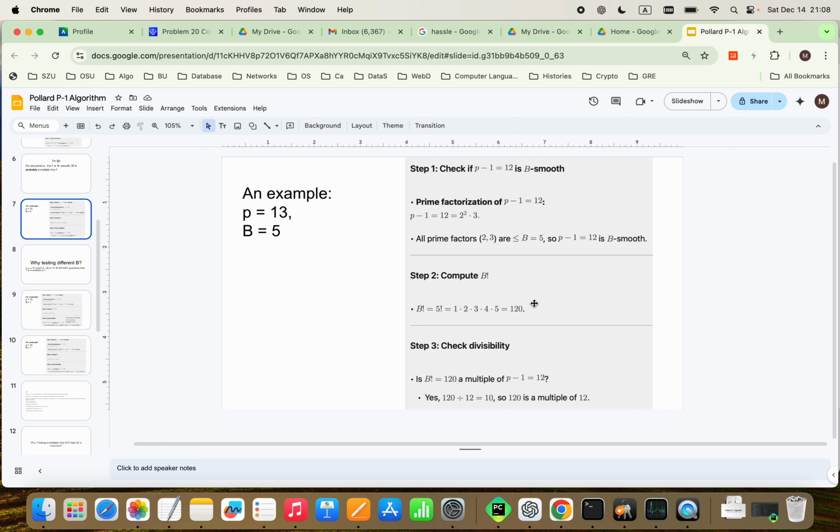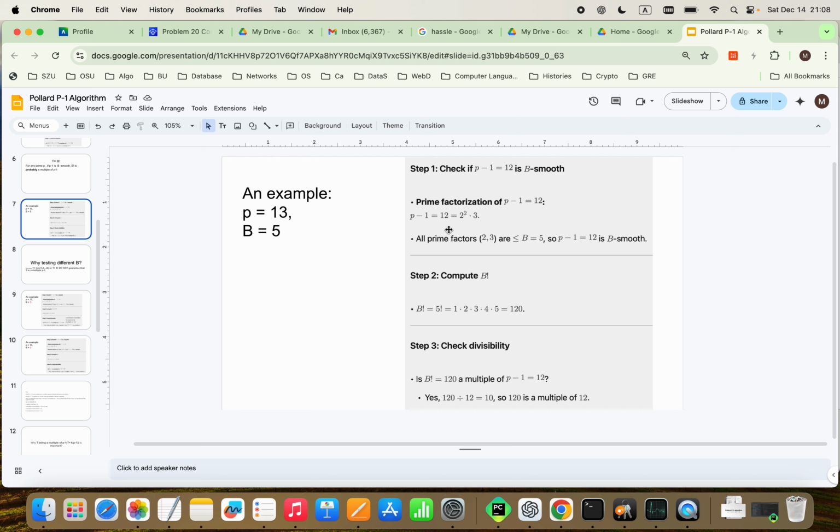So this contains all the prime factors in p-1, so it is a multiple of p-1. I hope by now you understand why these two formulas help you obtain multiples of p-1.